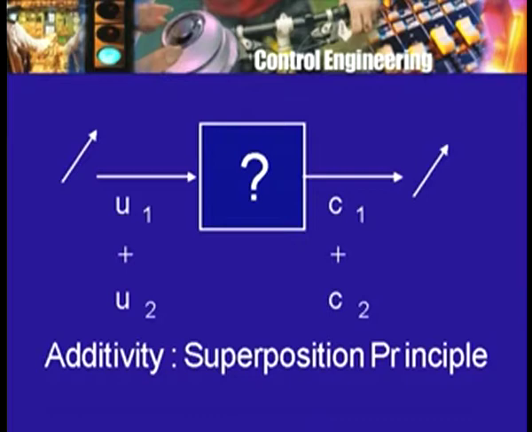Now, if for some choice of u1 and u2 this fails to happen, then we will say that the system is not additive, or the system does not obey the superposition principle. So, this is one part of linearity, or correspondingly one part of non-linearity. A system is additive or a system may not be additive. A system obeys the superposition principle or it may not obey the superposition principle.